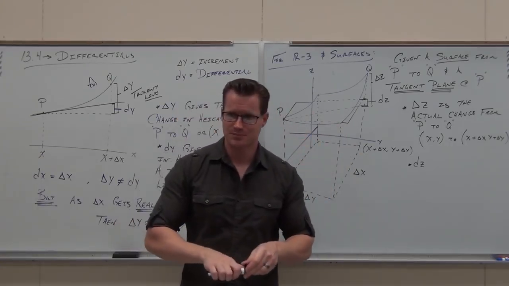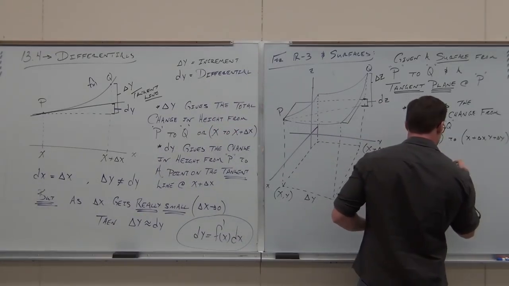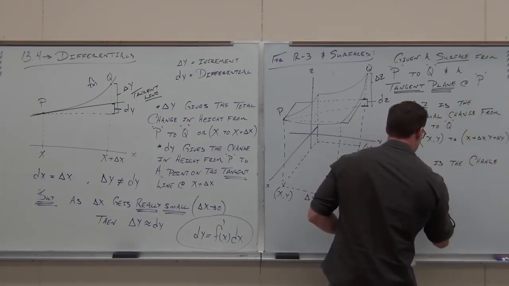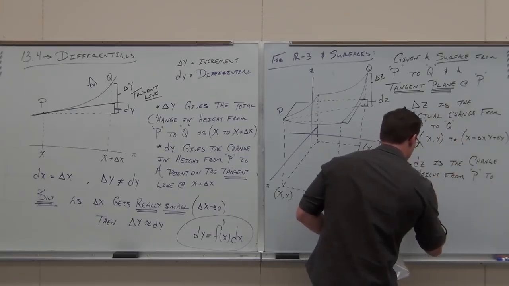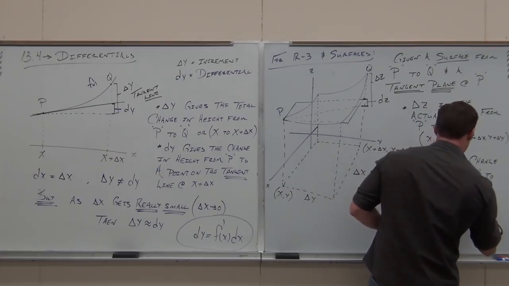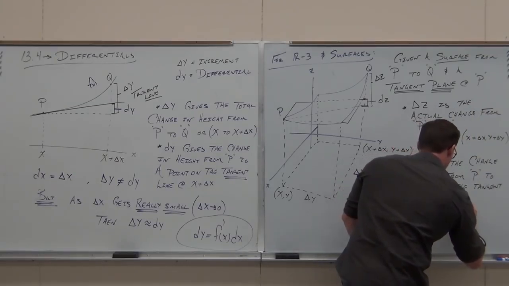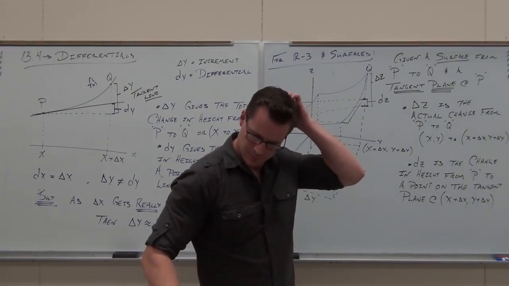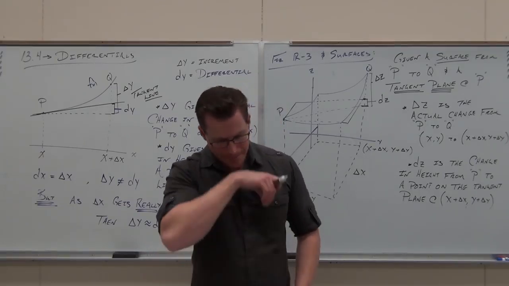It's the change in height from P to a point on the tangent above this point. That's what it is. That's the differential in 3D.